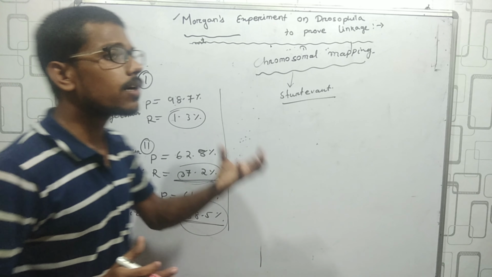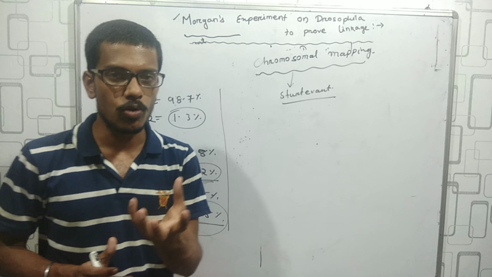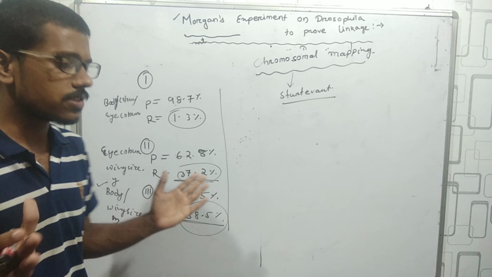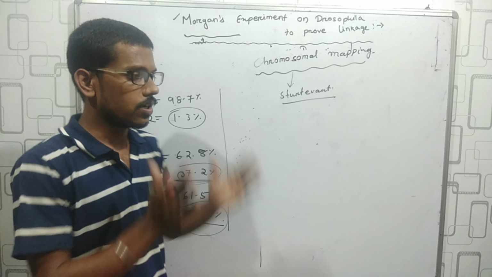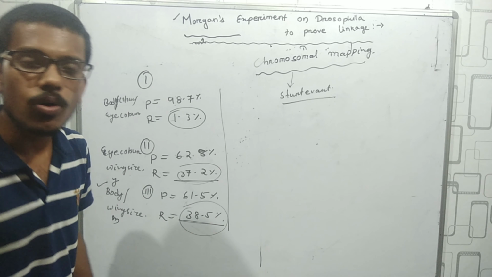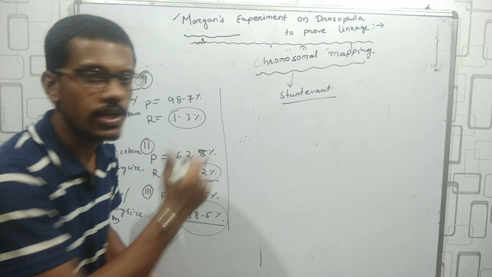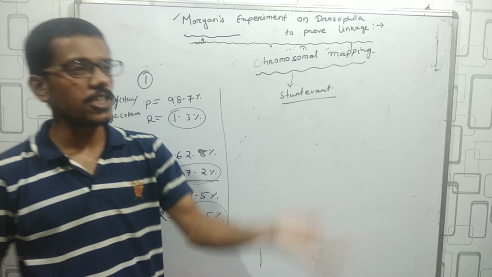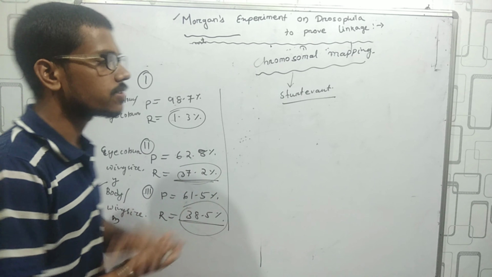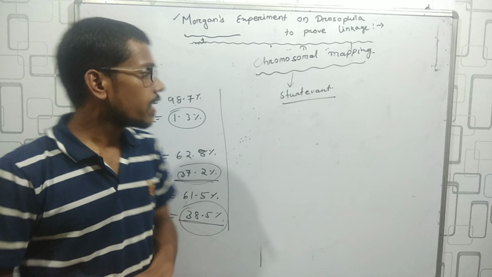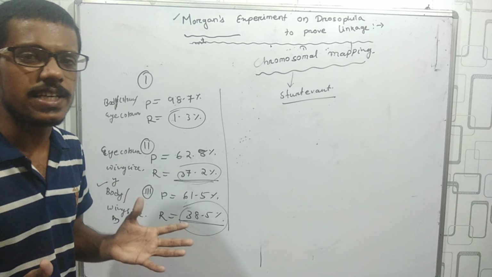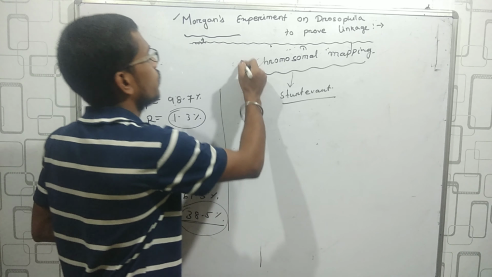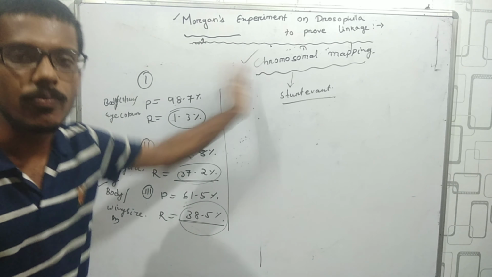So if we know the recombination percentage, according to Morgan, if there is more recombination percentage, then the distance between the genes is more. Or alternatively, if the distance between the genes is more, then the recombination percentage is more. The student utilized this concept and came to a new concept, that is chromosomal mapping.